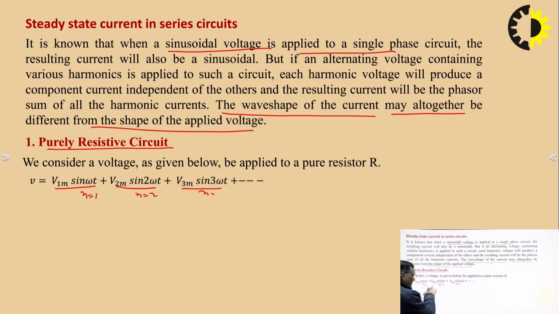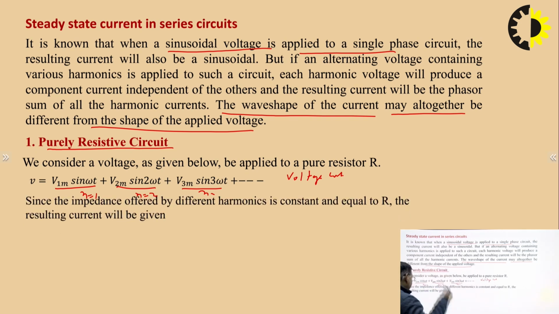These are the voltage components. If you divide each component by the resistance of the circuit, we will get the current components, for n is equal to 1, n is equal to 2.